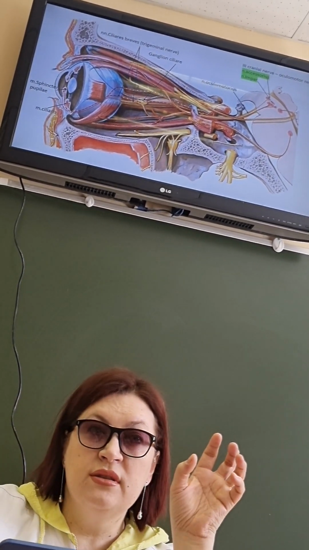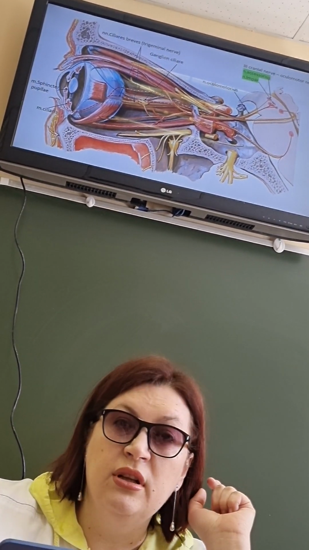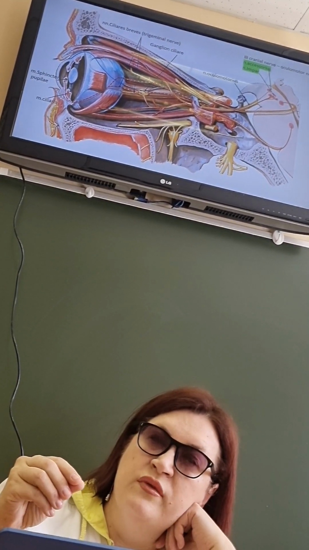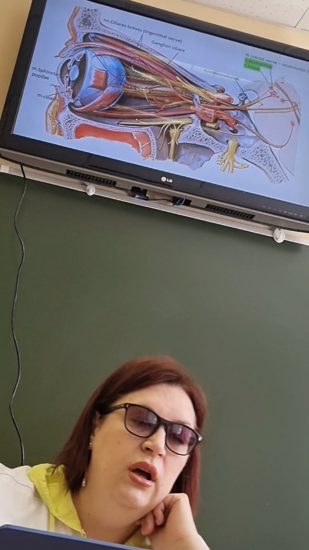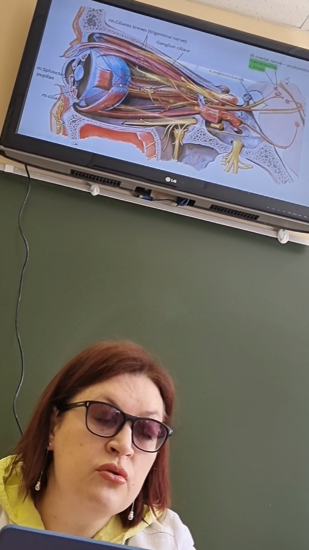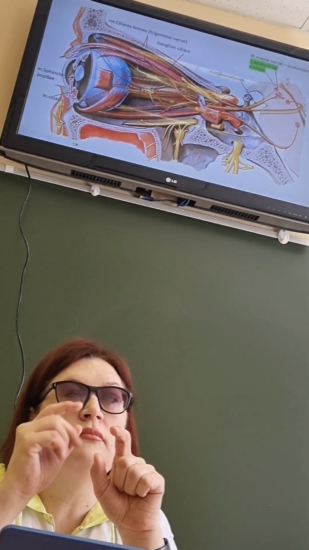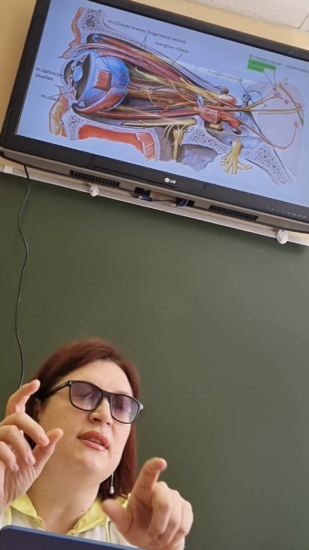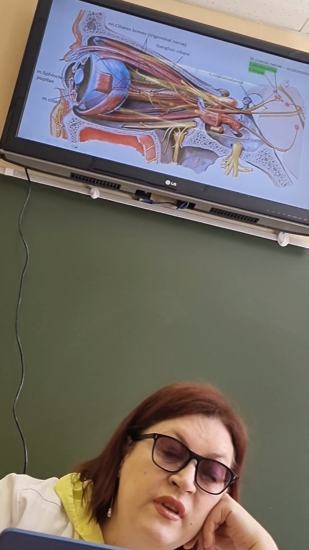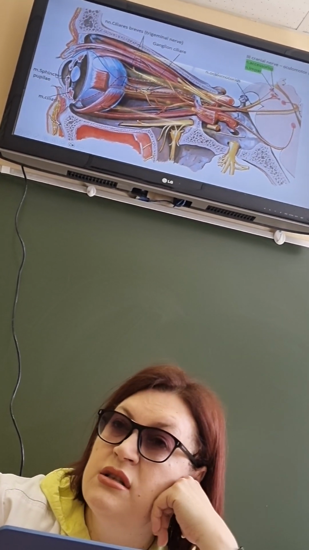Short ciliary branches are branches of the trigeminal nerve, the ophthalmic nerve. Ciliary branches go to the eyeball together with sensory nerves and go to the ciliary body and iris.